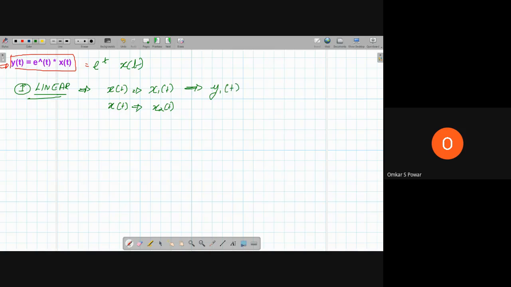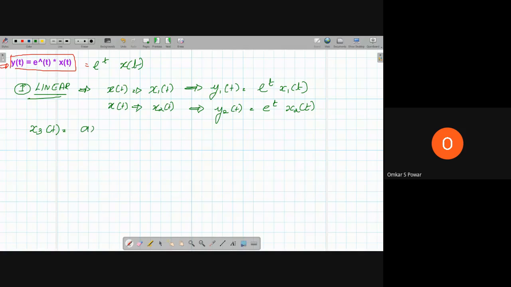y1 of t is equal to e power t into x1 of t, and y2 of t is equal to e power t into x2 of t. Now what is x3 of t?